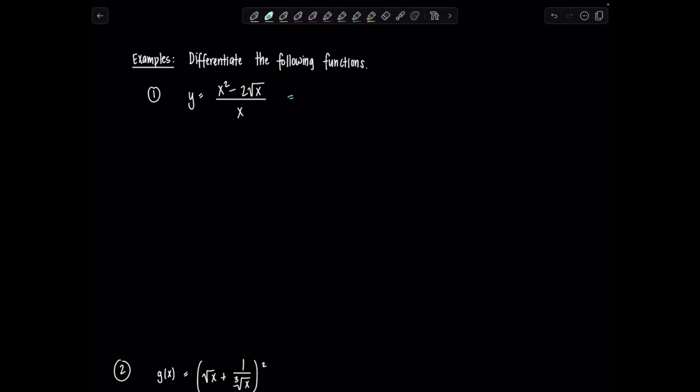So let's rewrite this. This is x squared minus 2x to the 1/2 over x. And then I can write the denominator separately under each of the terms in the numerator. So I can rewrite this as x squared over x minus 2x to the 1/2 over x.